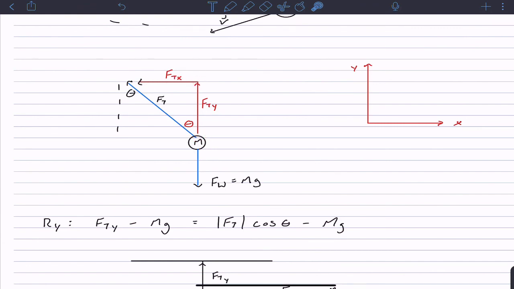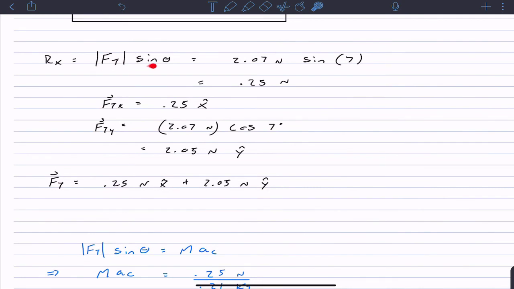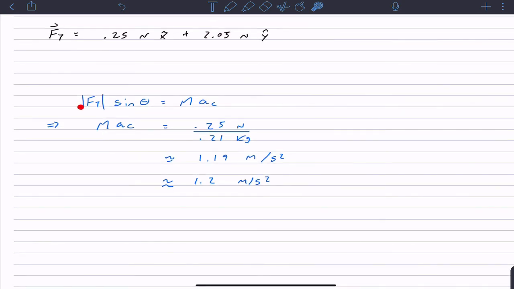This is from our free body diagram. So we plug that in. Ft sine theta is our x component, and we know what this value is. Set it equal to mass times acceleration. So then we just divide by the mass. Okay, so we take 1 over m on both sides. That gives you your value.